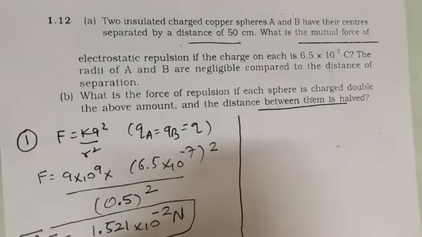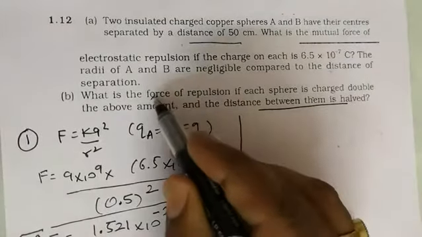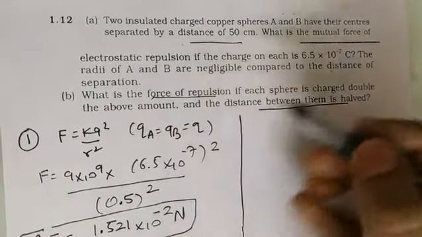Second task. Be careful whenever such examples come up, when charges are doubled, halved, tripled or quartered: we have to find the amount of force and compare it with the previous one.